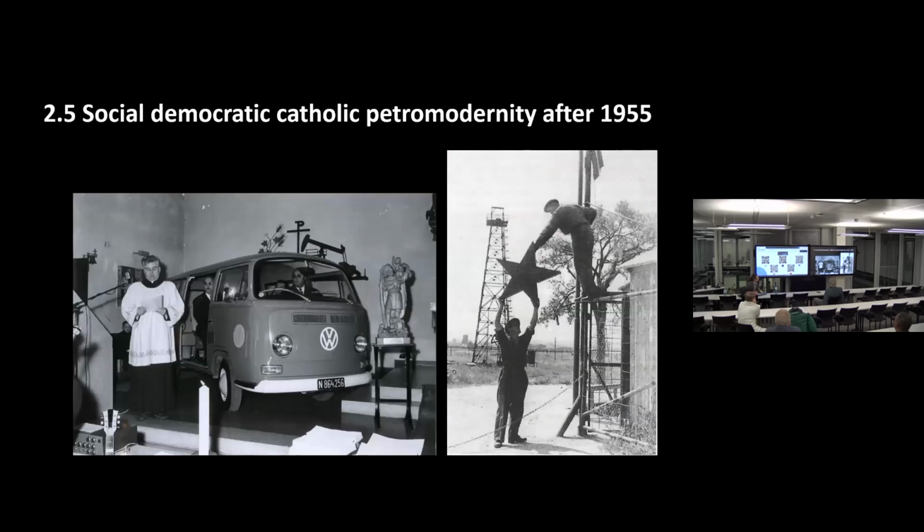Next chapter is then after the independence, a chapter I called Social Democratic Catholic Patrimodernity. Interestingly, the whole company, OMV, then took over the Soviet property, and as Austria itself, this company needed by law to be something like neutral between the blocks. So Shell or BP had no right to buy these oil fields.